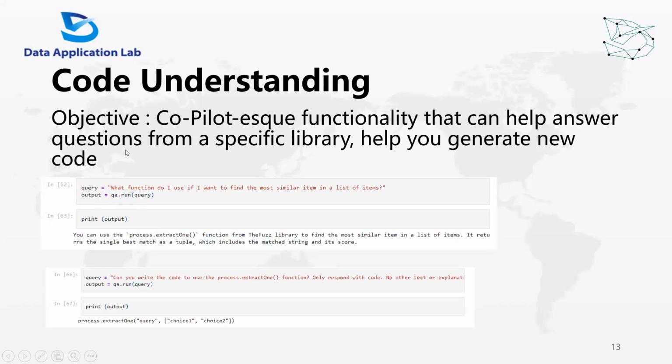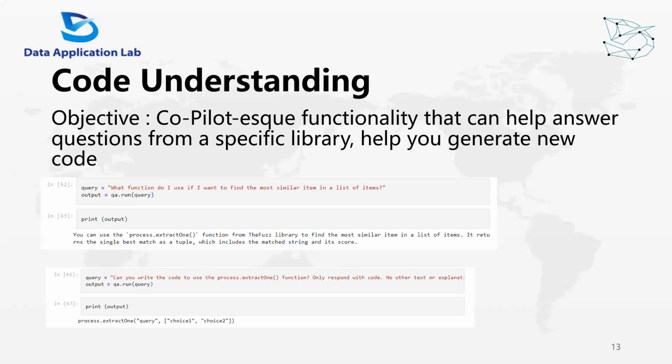First we load the large language model, and second we put our source code in the database. Then we put our prompt or query, use the run function, and see the result.